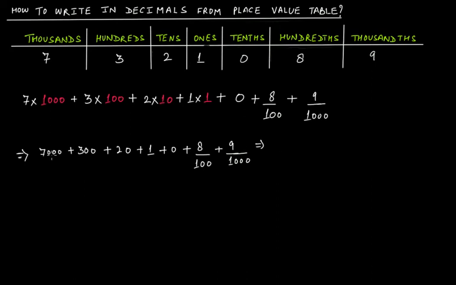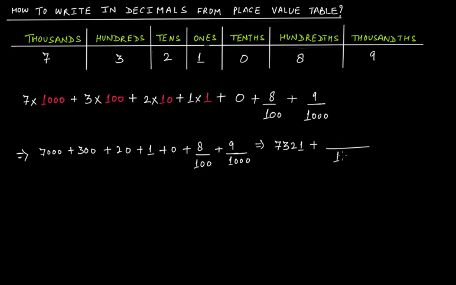So 7,000 plus 300 is what? 7,300, 7,320 and 7,321. So 7,321 plus 0 means the same, you get the bracket. And then we have 8 over 100 plus 9 over 1000. Now, if you take the LCM, what will LCM come? LCM will be again 1000. Why? Because 100 is a factor of 1000, therefore 1000 is the LCM.